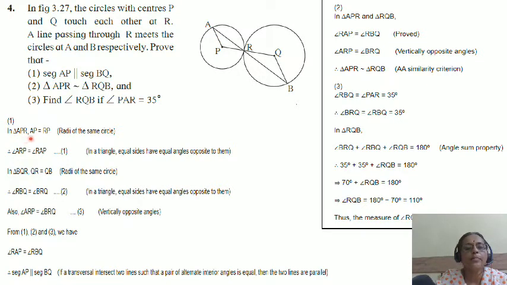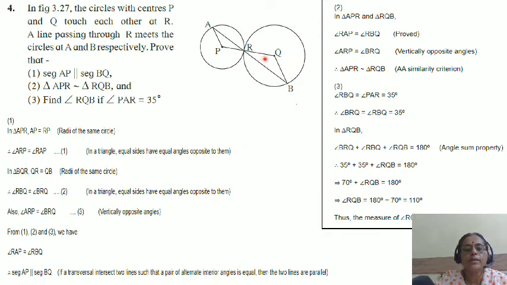Now in triangle APR, AP is congruent with PR, radii of the same circle. So base angles are congruent. In triangle BQR, RQ is congruent with QB. Again, base angles are congruent over here. Now, angle RBQ is congruent with angle QRB.